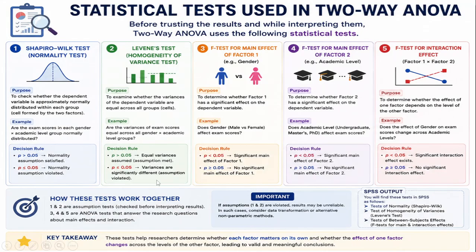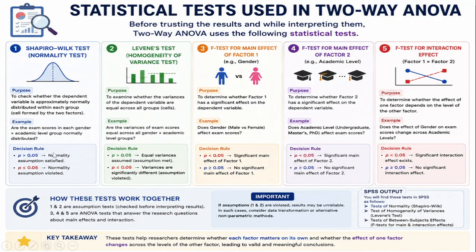Now note something that is very important here. In the decision rule, the data can only be considered normally distributed when the p-value is greater than 0.05. And there will be homogeneity of variance when the p-value is greater than 0.05.